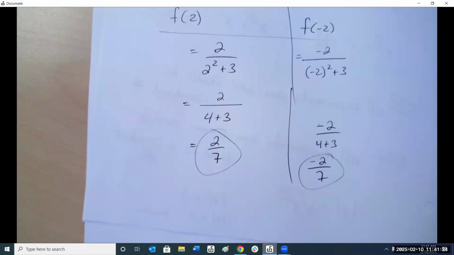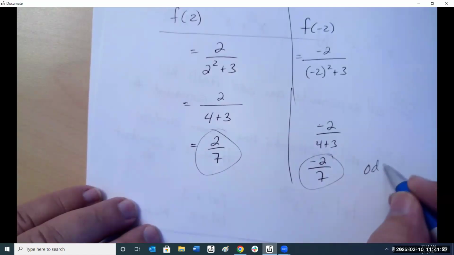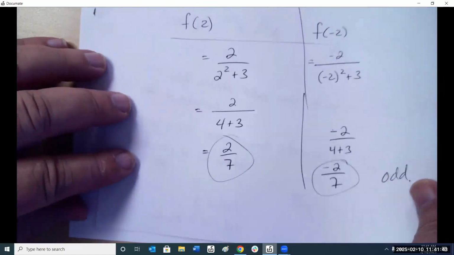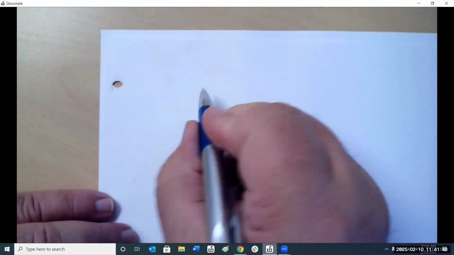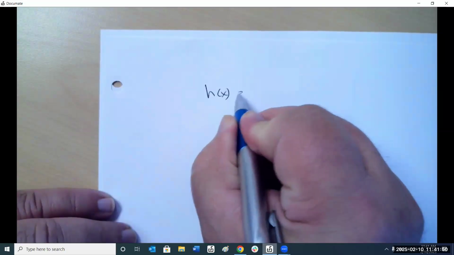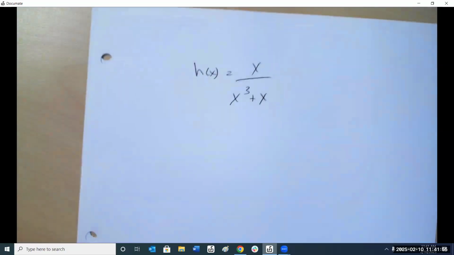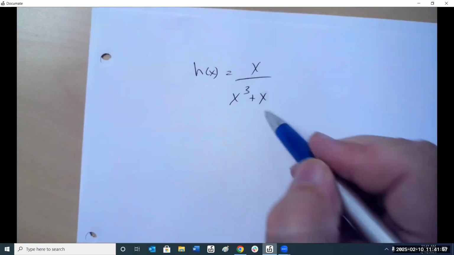What happened there? So if one of them is odd, the other one is even, we know it's going to be odd. If they're both odd, are we sure? Because remember, this is where the trick comes in. That's an odd function. That's an odd function.